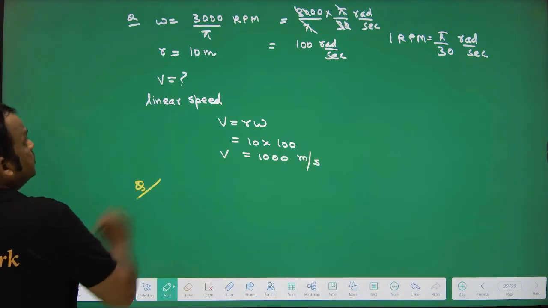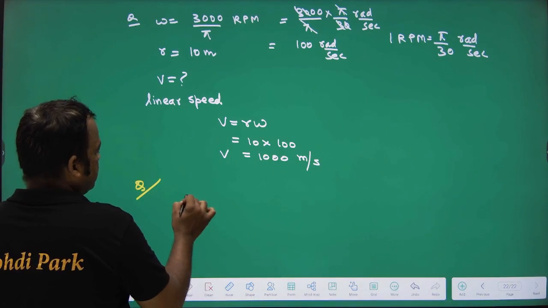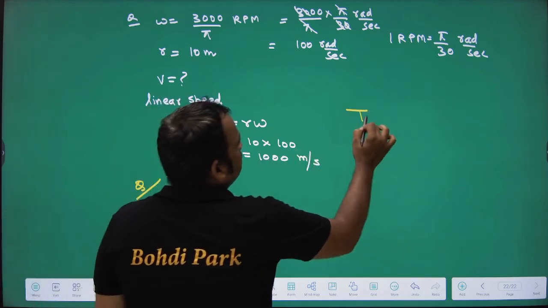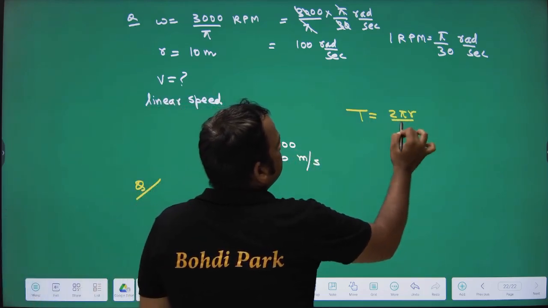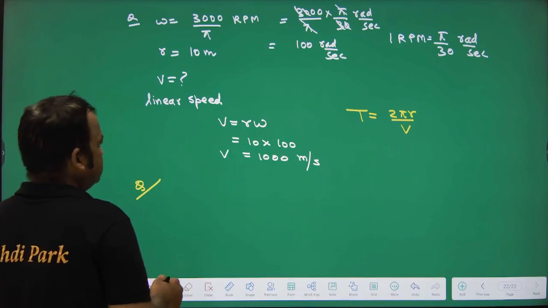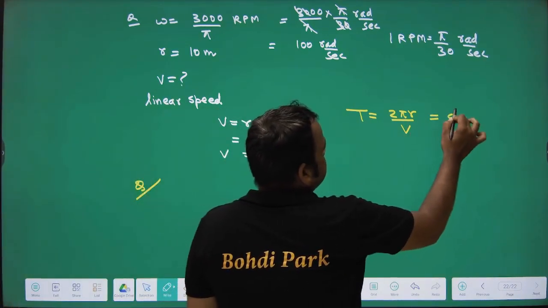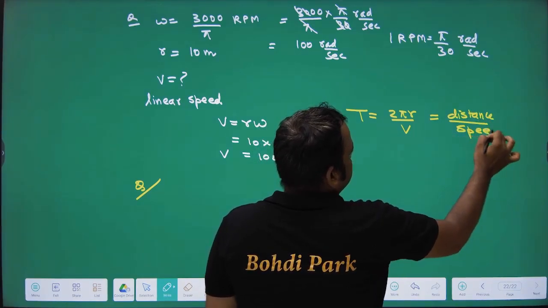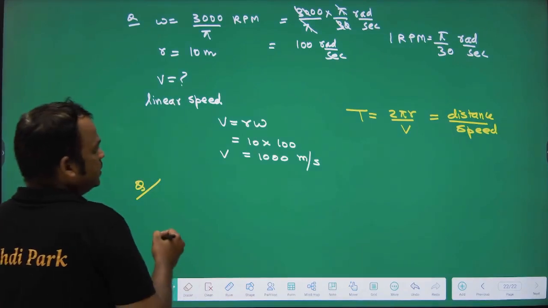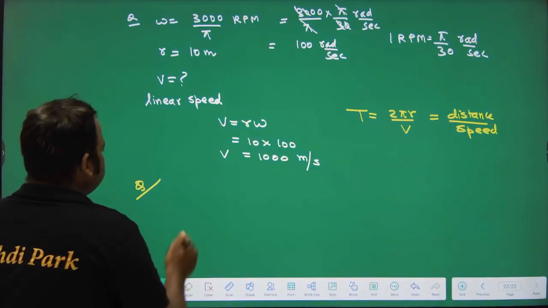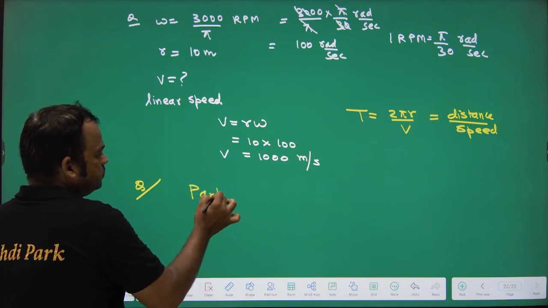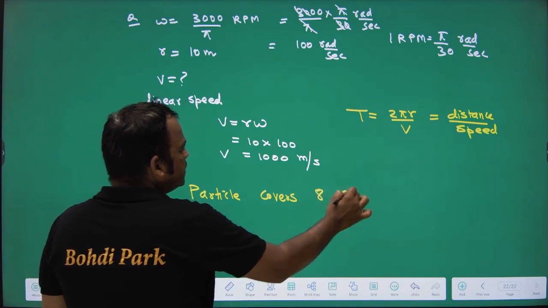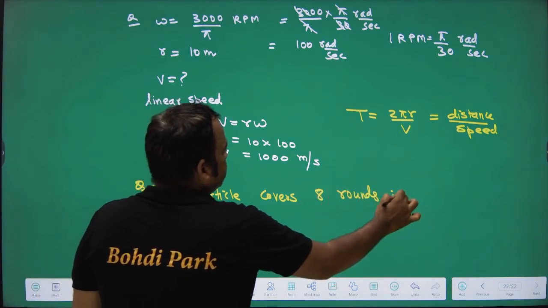Let's take one more question. Now the time period formula will be 2 pi r by v, distance by speed. Let's take one question based on this formula. A particle covers 8 rounds in 1 minute.